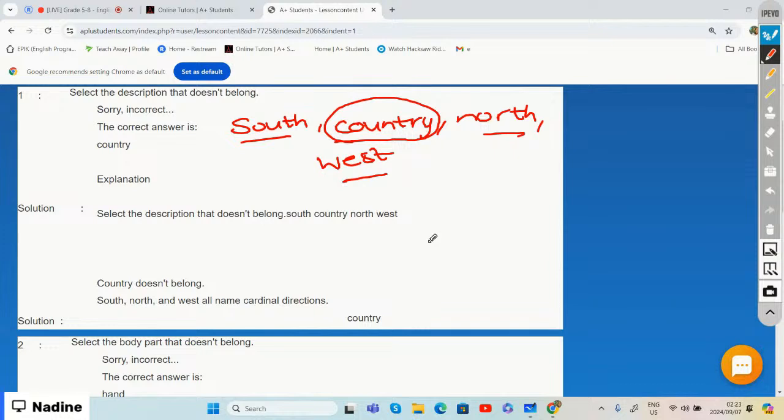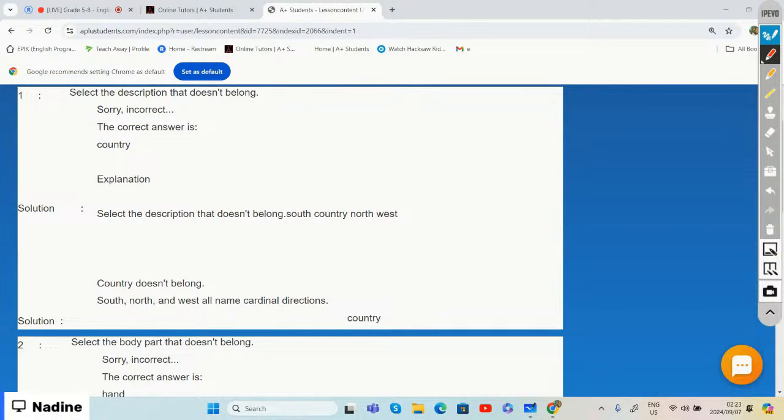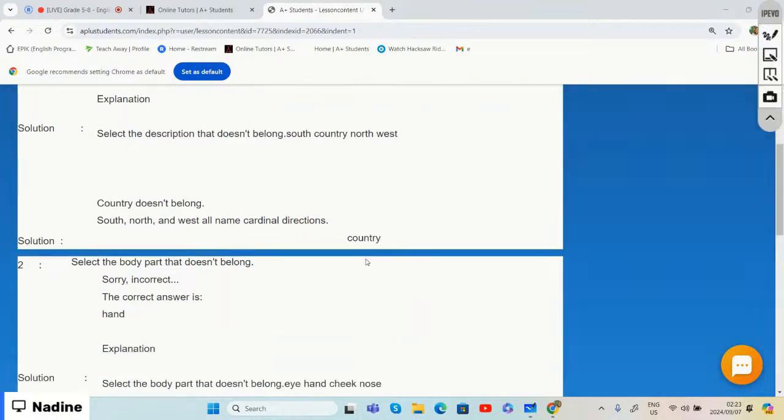Yes, country doesn't belong. But the words south, north, west are cardinal points. We have our four cardinal points: north, west, south, and east. Country doesn't belong. Unless we had put a few countries, then they would be related to one another, but country doesn't belong there. The words that are related to one another are south, west, and north because it is to do with the cardinal directions or direction points.